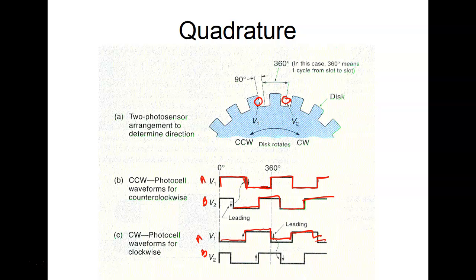And we do have these, by the way, so we can actually see these on the oscilloscope. When you change direction, one leads the other. So with a quadrature encoder, not only can we use these to sense position, but we can also use them to sense what? Direction. It's pretty neat. So these are quadrature encoders.